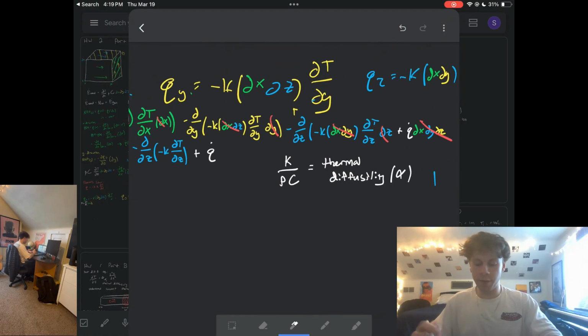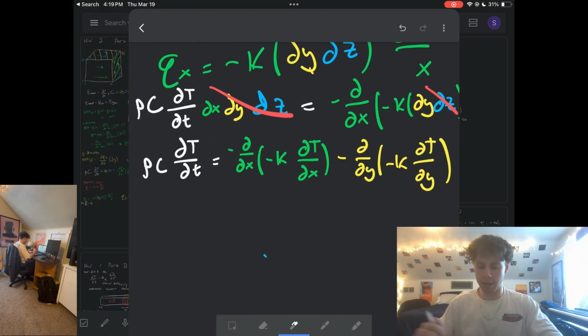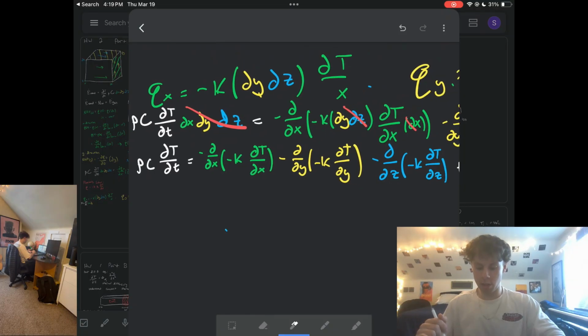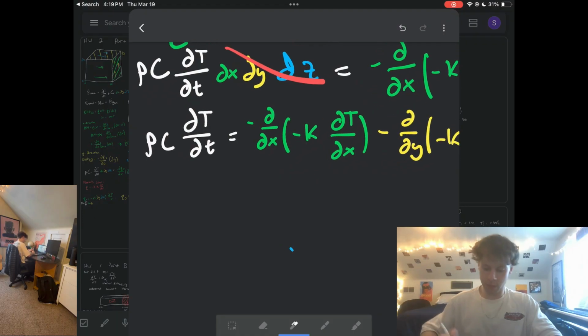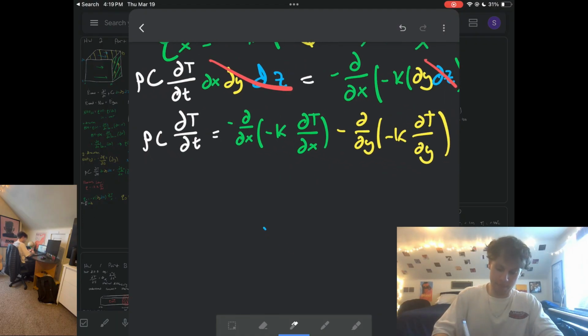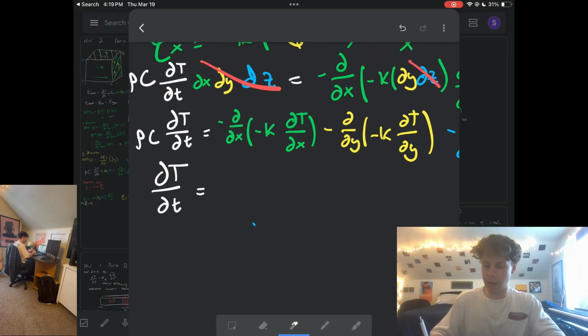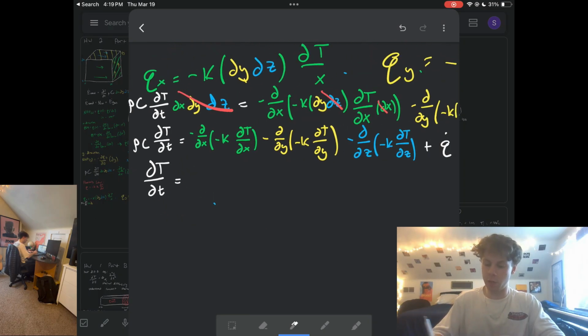So if we divide both sides of this equation by our rho c, we'll be left with our change in temperature with respect to time is equal to, and we'll bring out our thermal conductivity term for each of these terms.